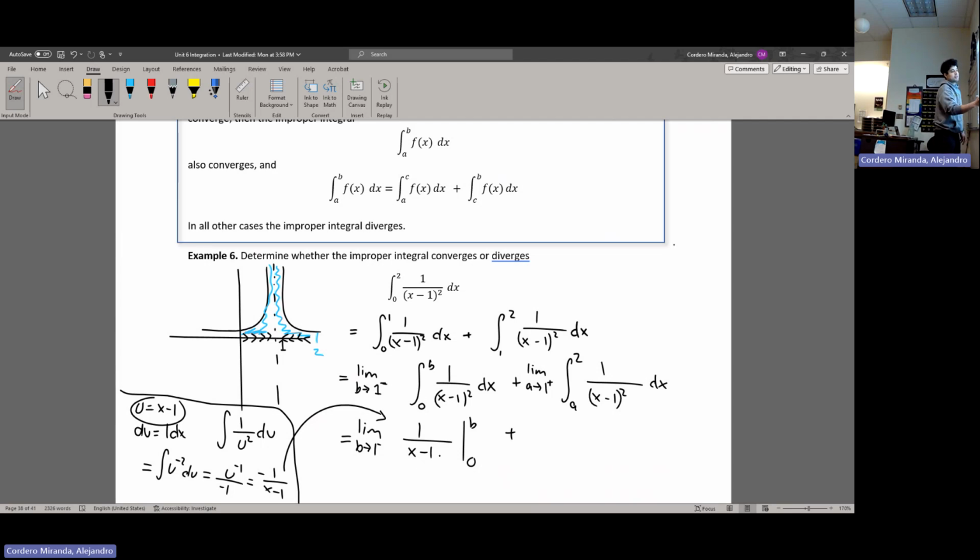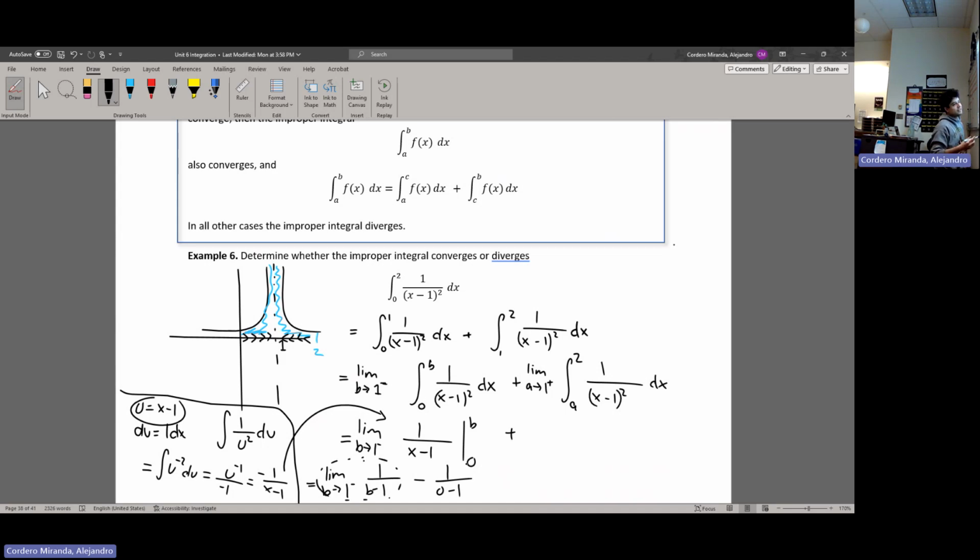So plug in b into this, and I'm going to get the limit as b goes to 1 from the left, of -1 over (b minus 1) minus (-1 over (0 minus 1)). So this second term right here that I'm circling, no problems with that. But what is the limit of this first term right here?